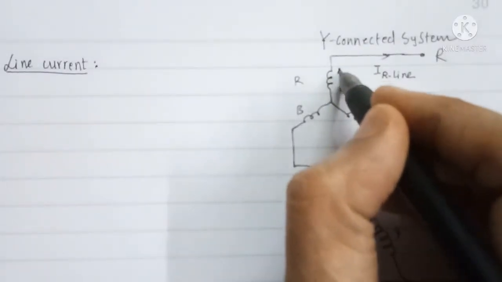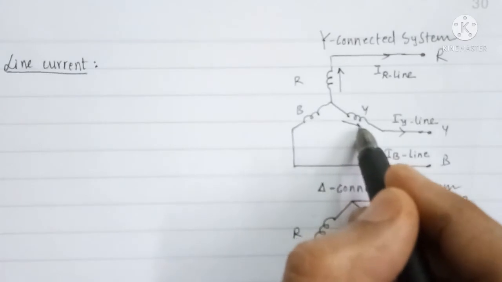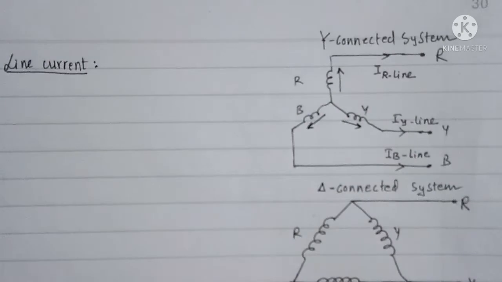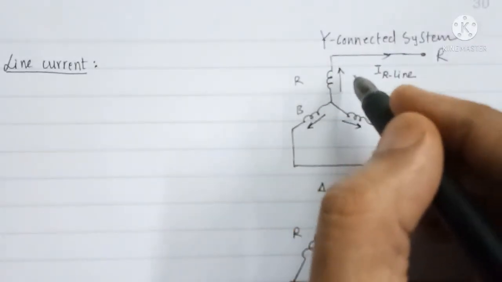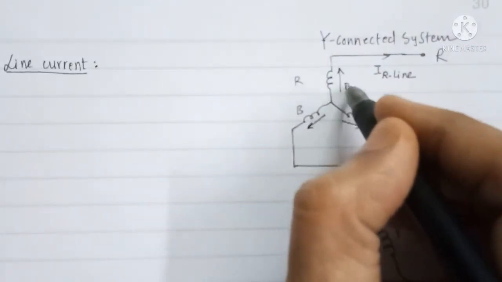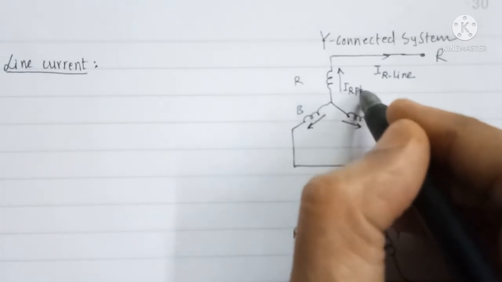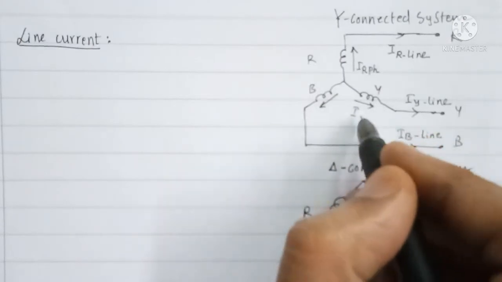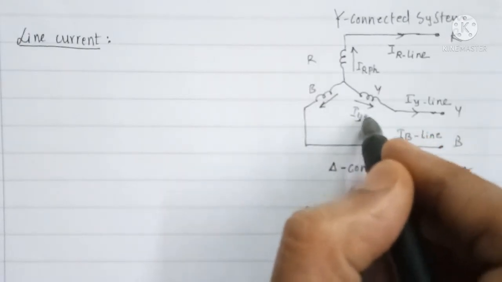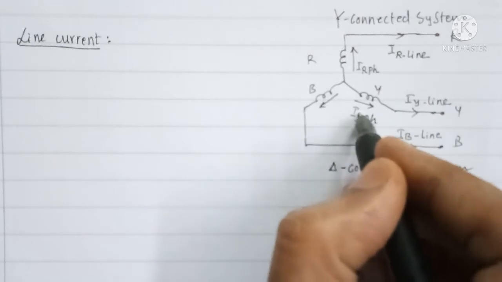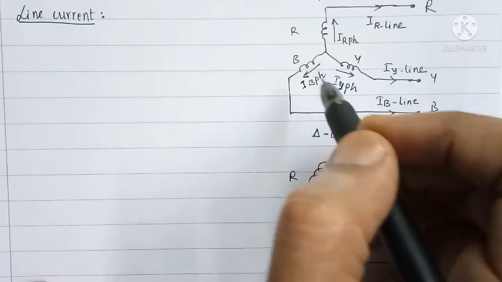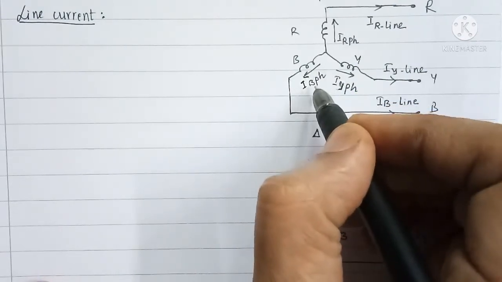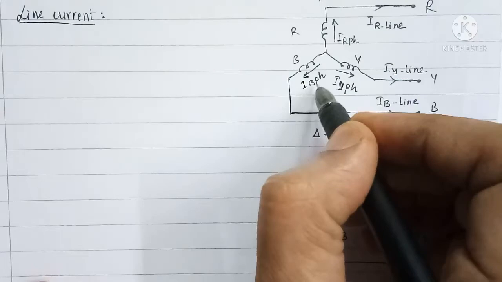Current flowing through the phase windings are called as phase currents. Current flowing through R phase winding is called as IRPH. Current flowing through Y phase winding is called as IYPH. Current flowing through B phase winding is called as IBPH.